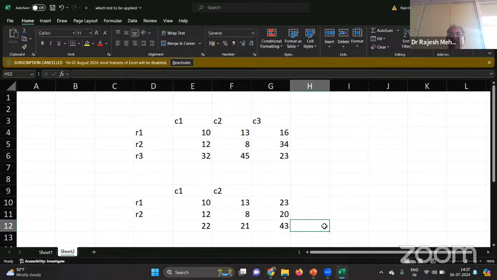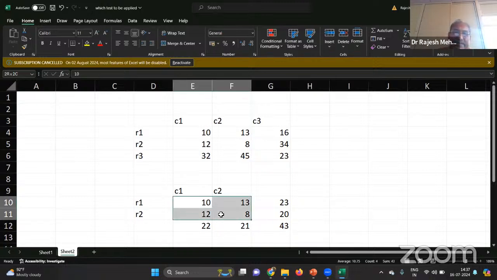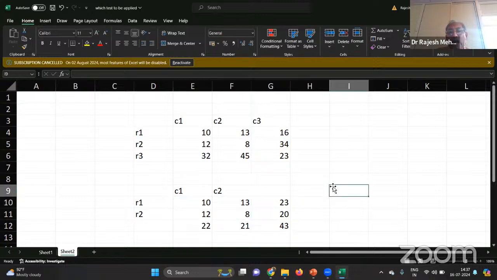In this case, there are four cells. How much degree of freedom do you have? How many cells can you change? What is the freedom? Your freedom is that you can change only this figure. The moment you change this figure, the rest of the three figures you cannot change automatically.